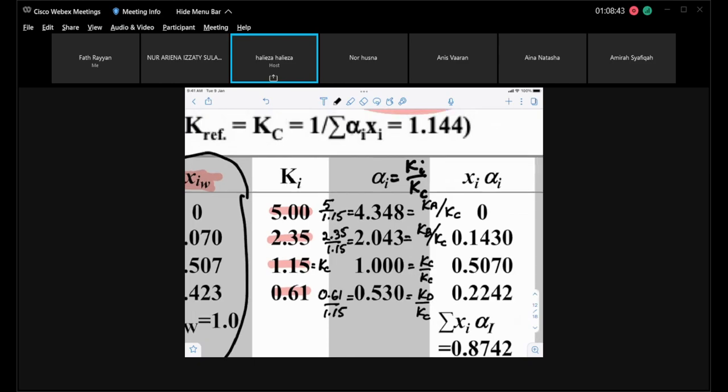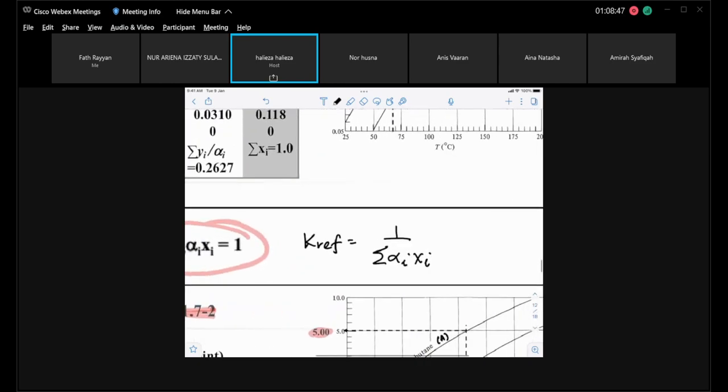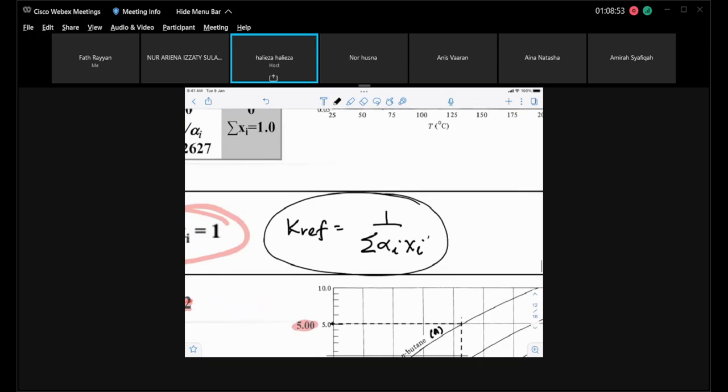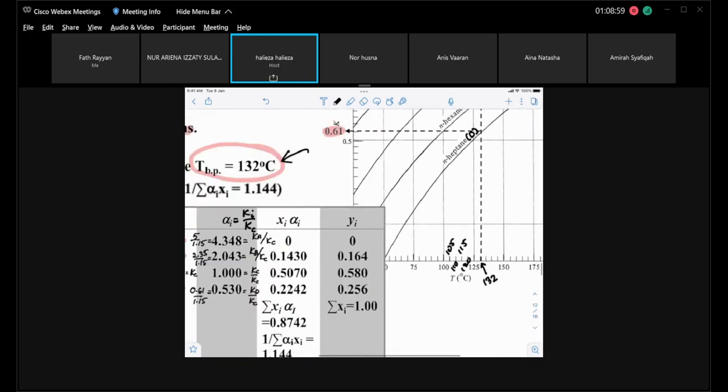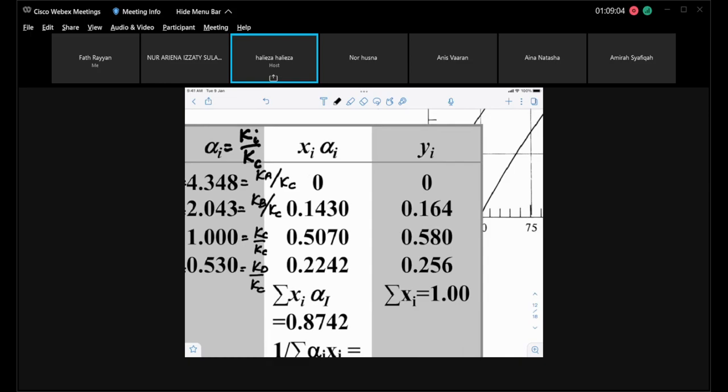Okay? I must satisfy this equation. I should get the summation of that product. So I will have the next column, which is alpha of every component multiplied by its corresponding composition of the bottom.